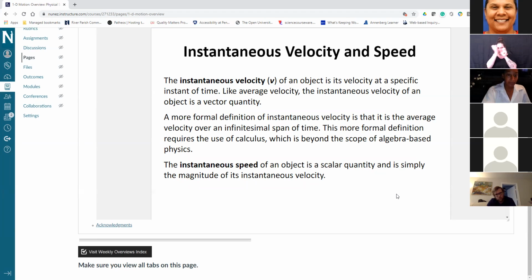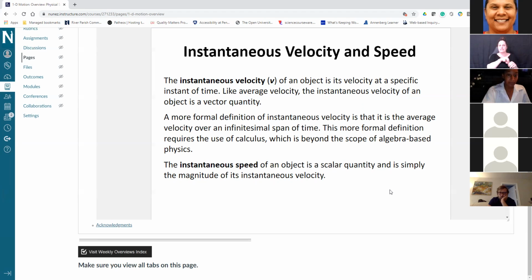But what I like to say is, if you want to think about the difference between instantaneous and average, average looks at an entire trip from start to finish. Instantaneous looks at a particular moment during the trip. Instantaneous is what the cop does with the radar gun. Gotcha.